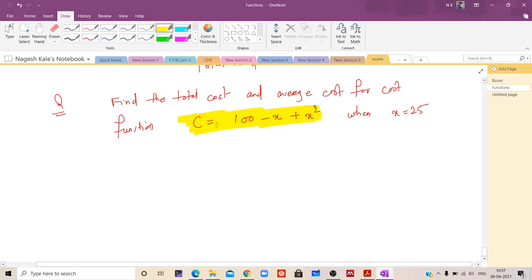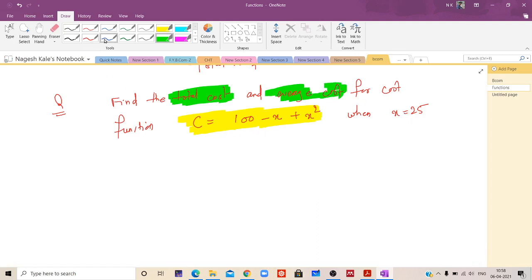So this is your cost function, and you have to calculate total cost and average cost when x = 25. Now this is the total cost function, right? So my solution will run like this.